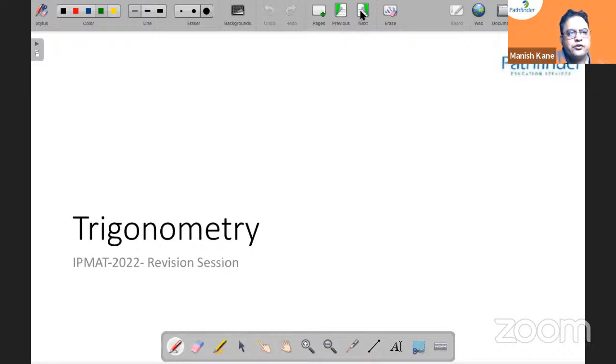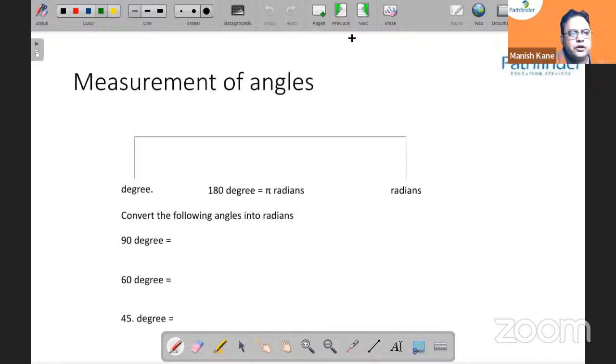So let us quickly go through the revision of trigonometry. Now remember 180 degree is equal to pi radians. So which means 90 degree will be pi by 2. 60 is 180 by 3, so I'll call it pi by 3. 45 is 180 by 4, so pi by 4.